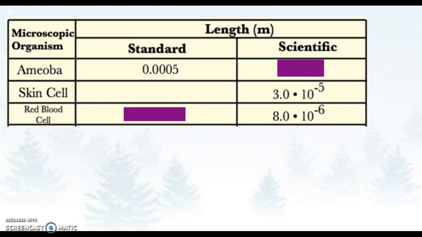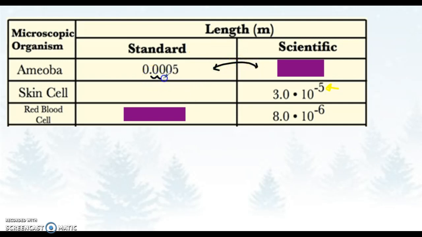The other option that we have is numbers that are under 1, and that's where we get negative exponents. You can already take a look at these are a little bit different because the exponent is a negative number. I know it's a negative number because to go from standard to scientific, I'm going to move my decimal point to the right.